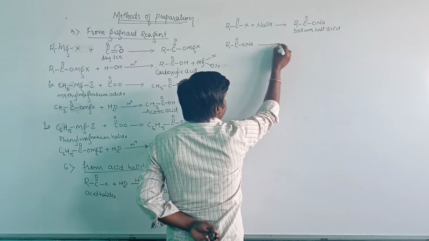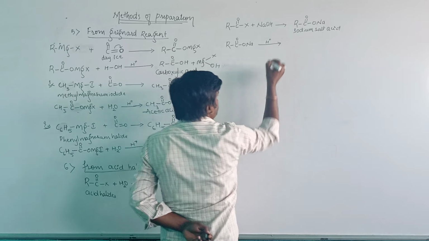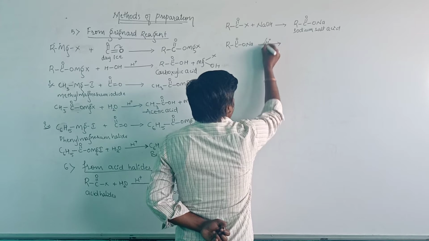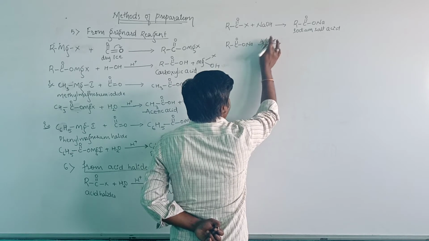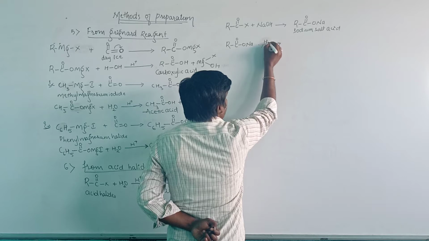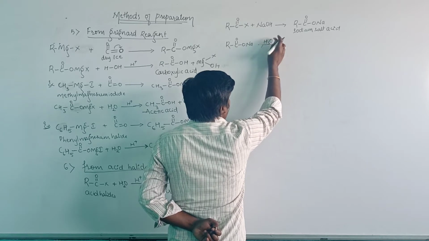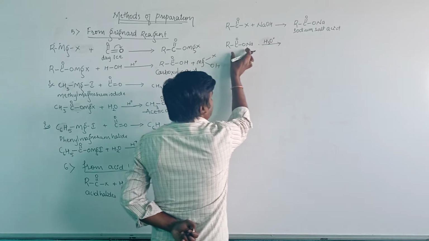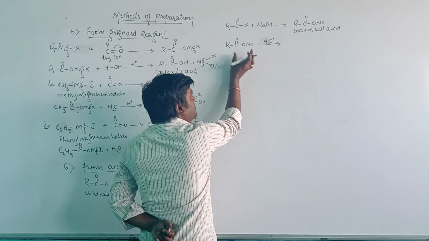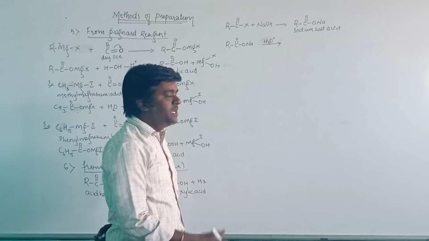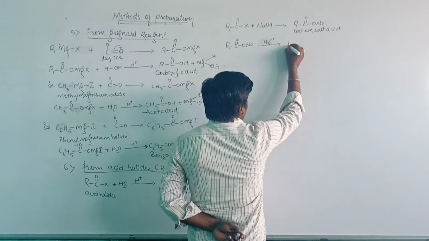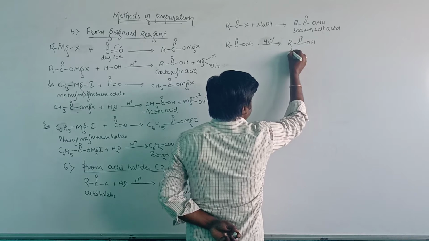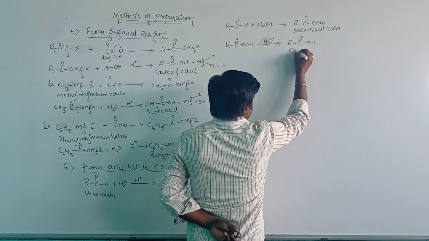On acidification, with H3O plus, it will produce the compound called carboxylic acid, RC double bond OH. It is the carboxylic acid.